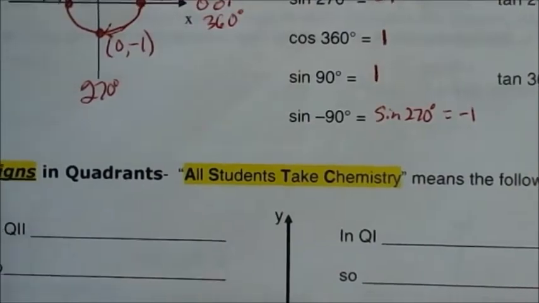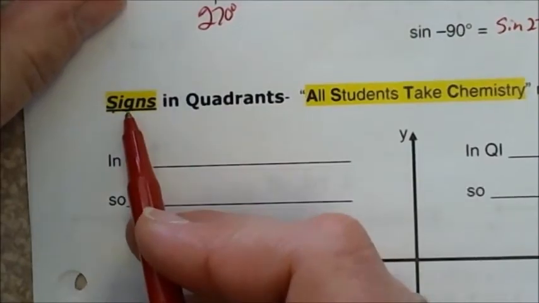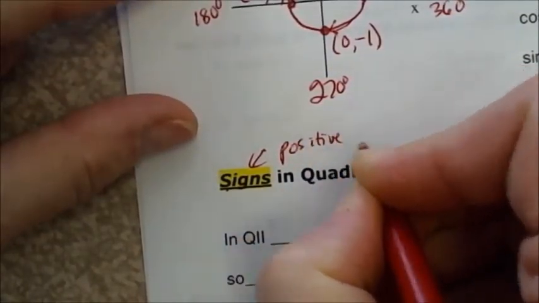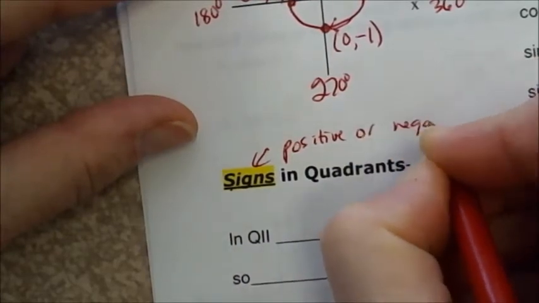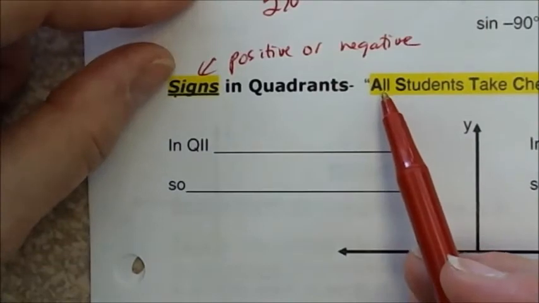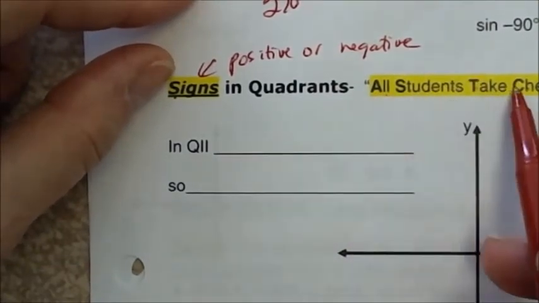All right, now the last thing, signs. This is not the sign. This is a sign, positive or negative. There's a little phrase called "all students take chemistry." It's just a funny little phrase.